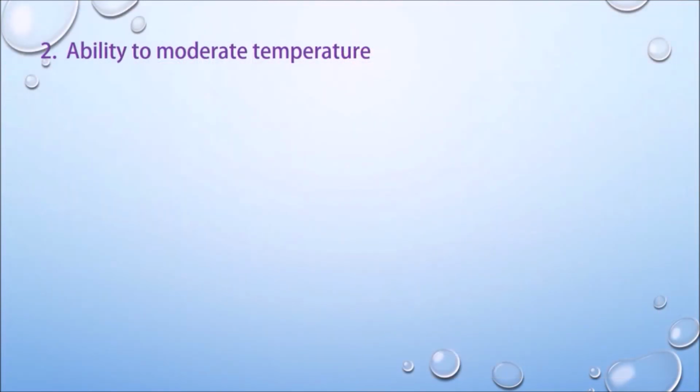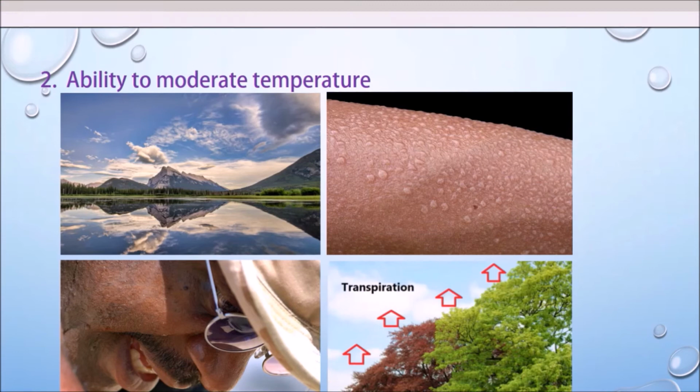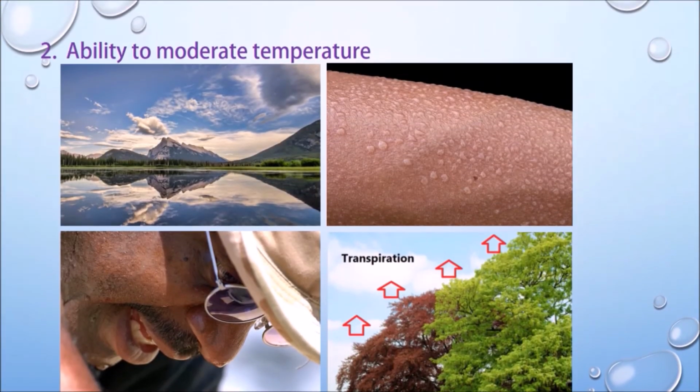Ability to moderate temperature. Due to the high specific heat capacity of water, it can absorb or release a high amount of heat energy with a slight change in its own temperature. Therefore, water functions as a thermal buffer in living systems and aquatic bodies during temperature fluctuations on Earth.